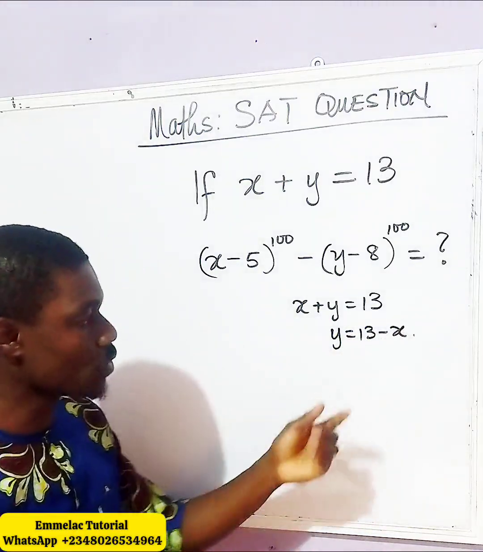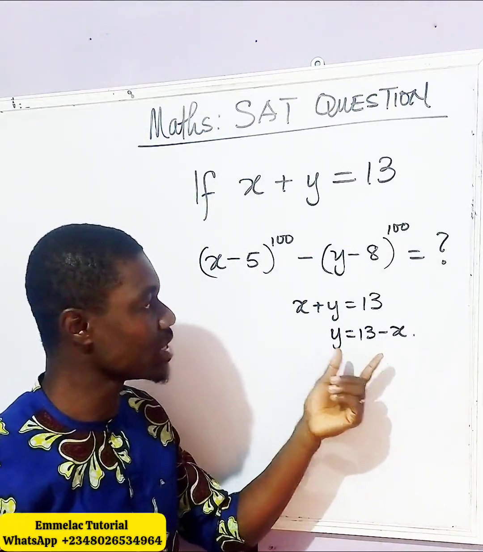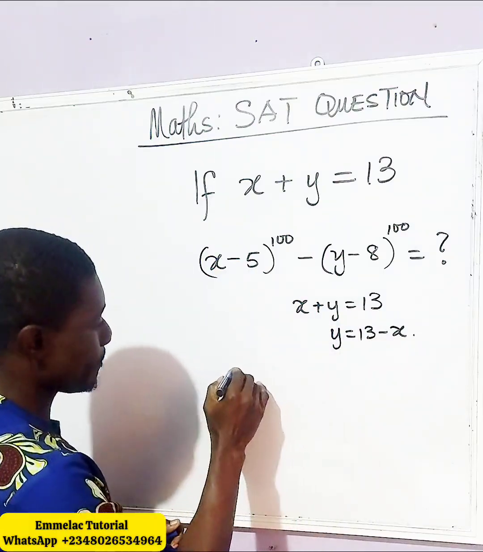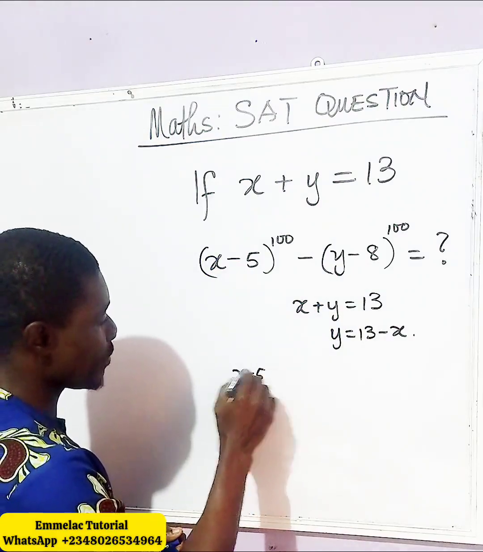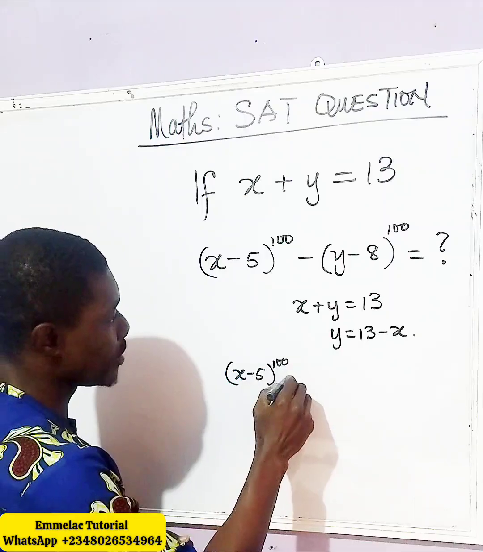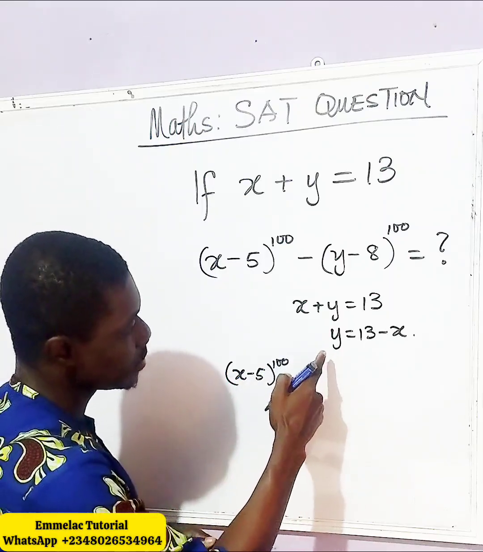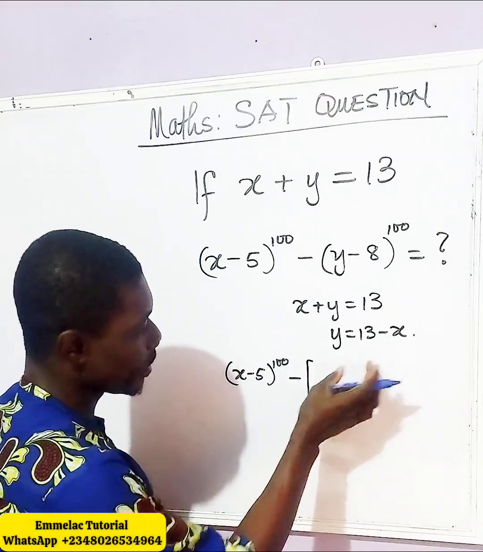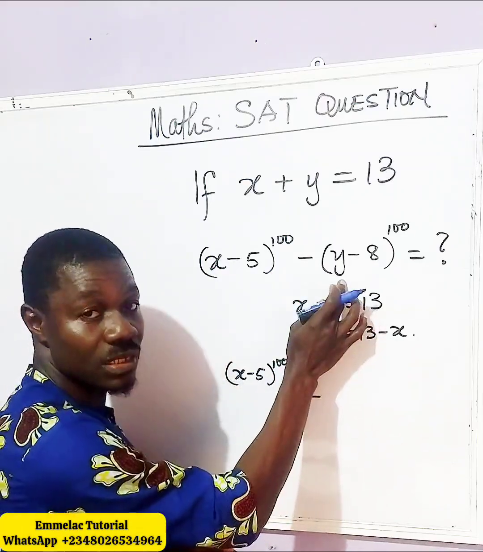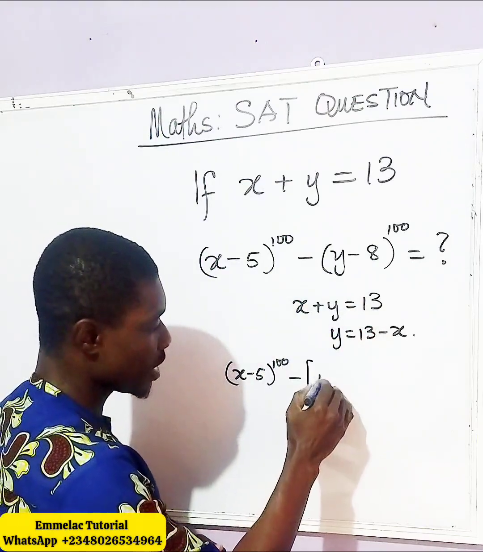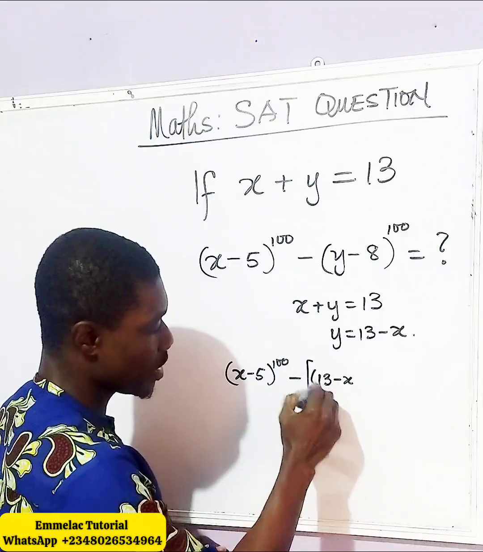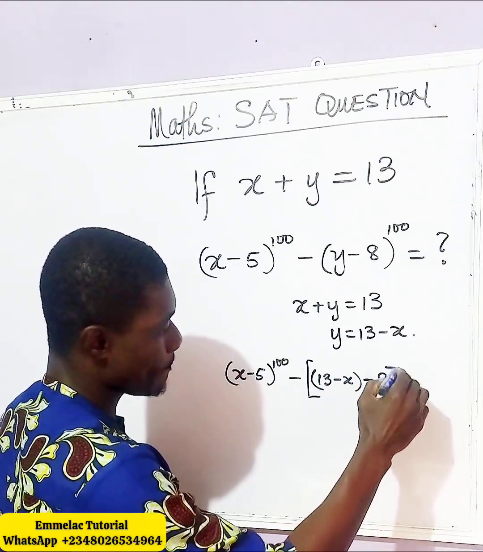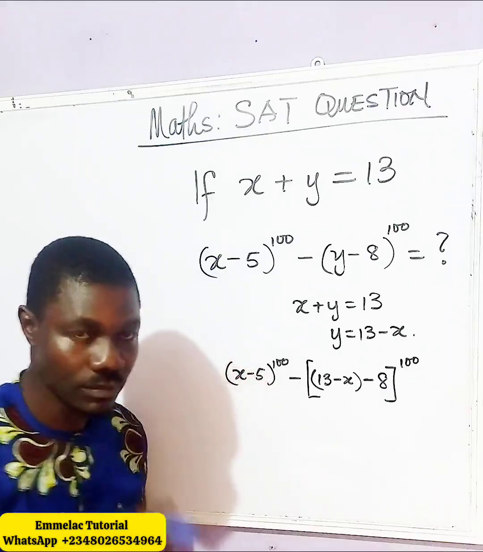So what we need to do now is to plug in the value of y into this expression. We now have (x minus 5) all raised to the power of 100, then minus. Let me put the square bracket here so that 13 minus x replaces y, in bracket, then minus 8, then raised to the power of 100.